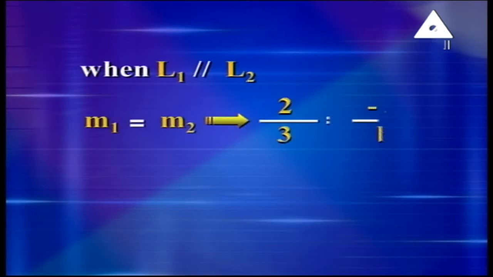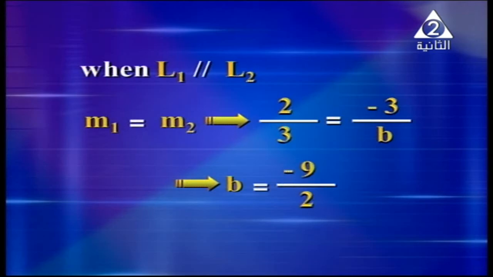As the two straight lines L1 and L2 are parallel, their slopes will be equal. So 2 over 3 equals negative 3 over b. By cross multiplication, you are going to find that the value of b will be negative 9 over 2. And this is the answer of number 1.